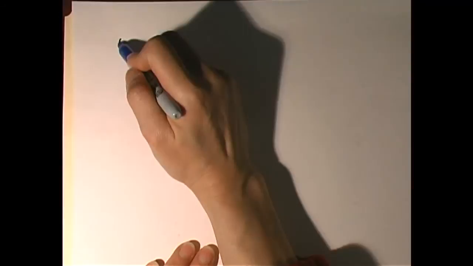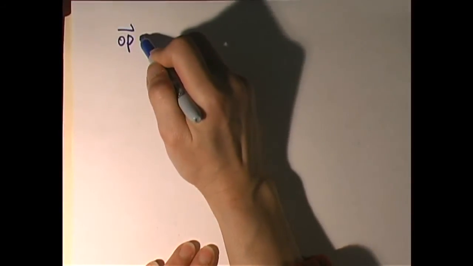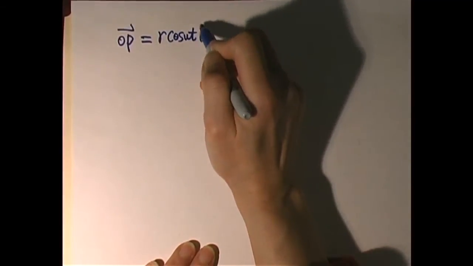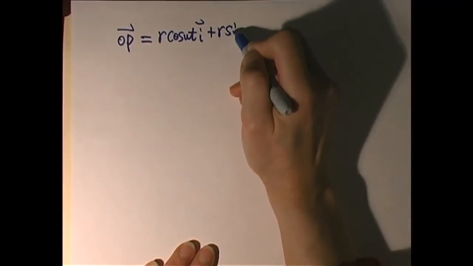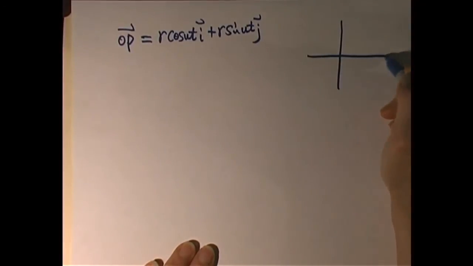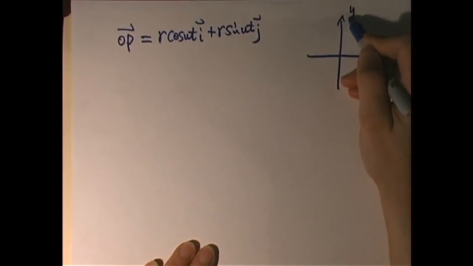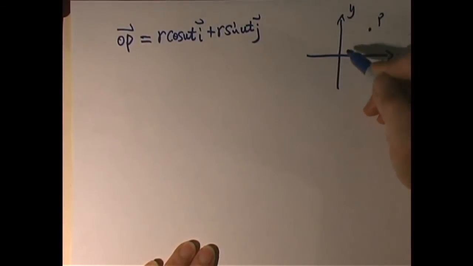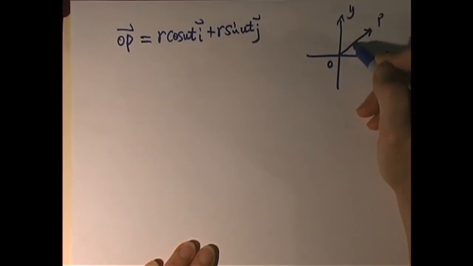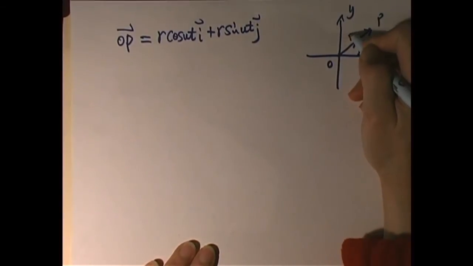Now, let's figure out the magnitude of centripetal acceleration. We know that the particle's position vector OP equals r cosine omega t i plus r sine omega t j, as we actually had before. If this is the x-axis and this is the y-axis, a point particle P is r meters away from the origin, and this angle is omega times t, so the distance is the radius r.